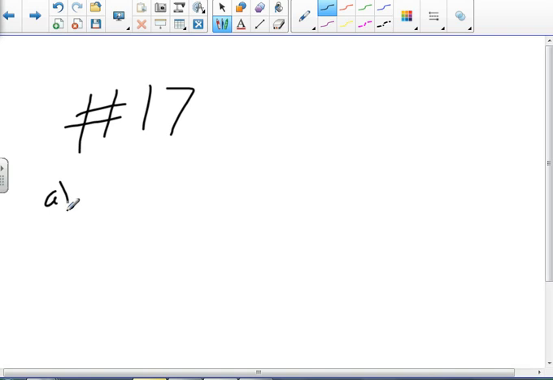Develop a point estimate for the following population parameters. The proportion of all subscribers who are bullish on the stock market. Let's see.